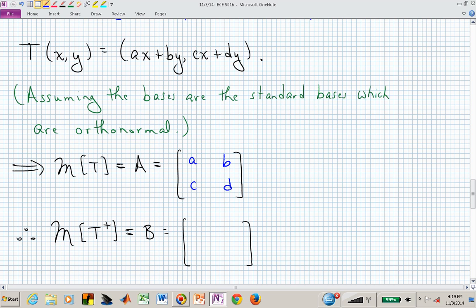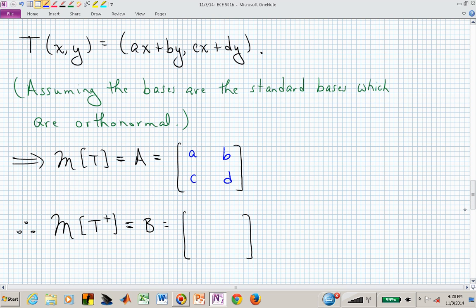Now, if we know that we're working in an orthonormal basis, what do we know about the matrix representation of the adjoint? It's the complex conjugate transpose of the matrix representation of T. If that's the case, then what is B? What's the 1, 1 entry in B?